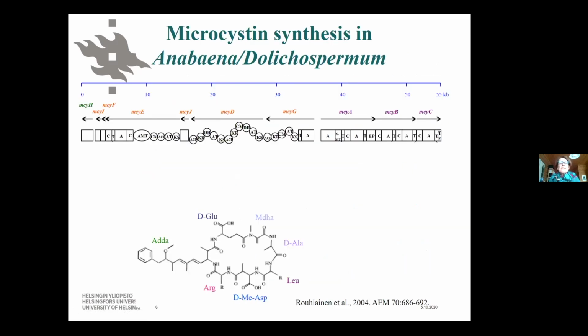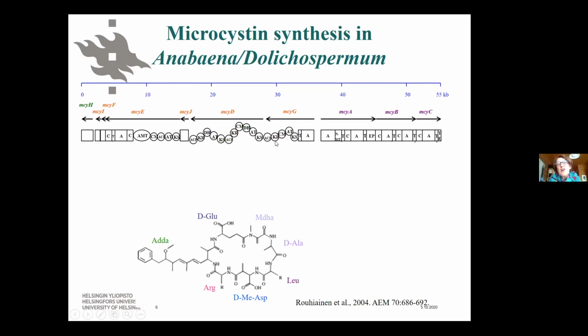Here is the biosynthesis of microcystins in Anabaena, which is nowadays also called Dolichospermum. The taxonomy has been changing a lot during the years I have studied cyanobacteria. You can see a 55-kilobase-long gene cluster is responsible for this microcystin synthesis. There are different enzymes.